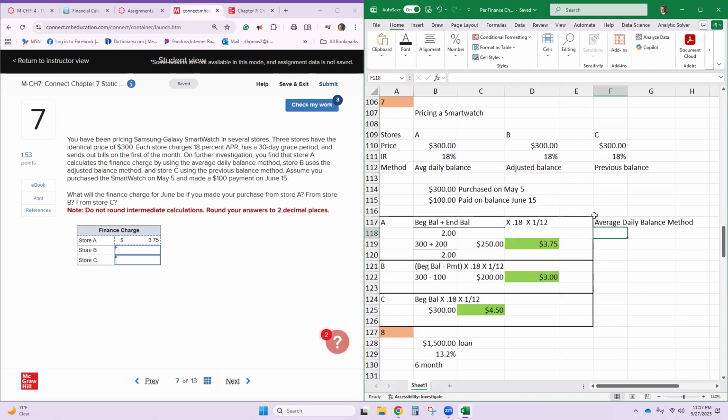This is credit card interest calculation. And all three of them are different. So this is the adjusted balance method. And then this is the previous balance method.